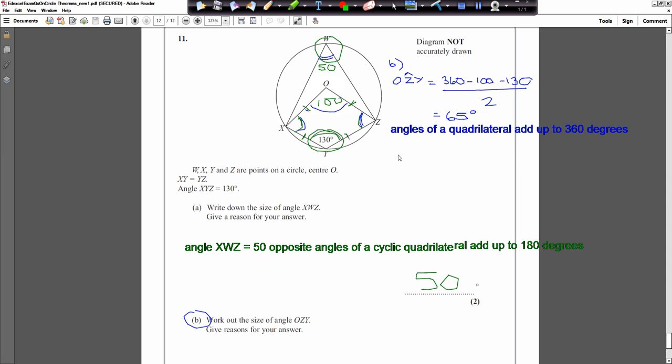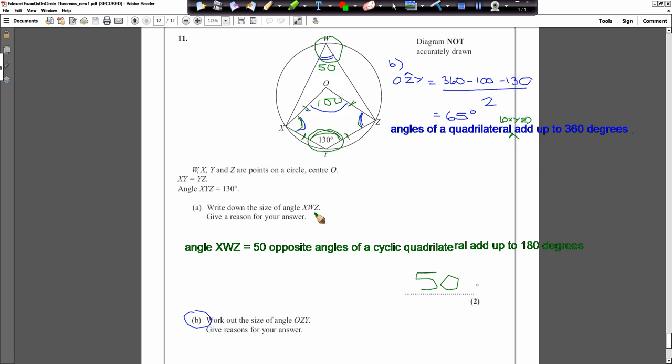Which quadrilateral were we talking about? Actually, we should have put that in really. I'll just slip it in here. Yeah, but we've got to give a lot of explanation now. What quadrilateral was it? O X Y Z. So the quadrilateral I'm talking about is O X Y Z, and we put that in brackets. It's supposed to really be in between. When we talk about a quadrilateral, we mention the quadrilateral. Add up to 360 degrees. Done.